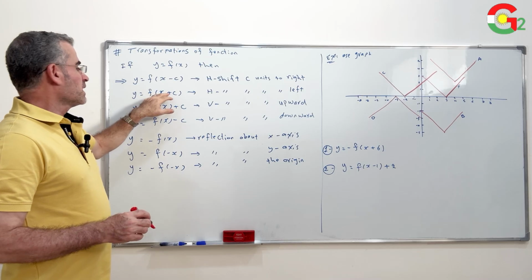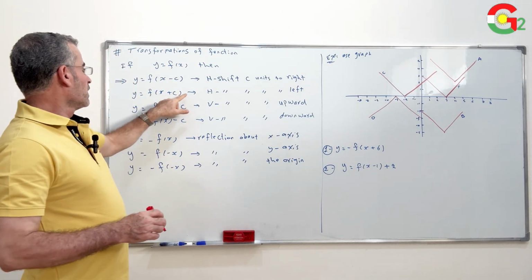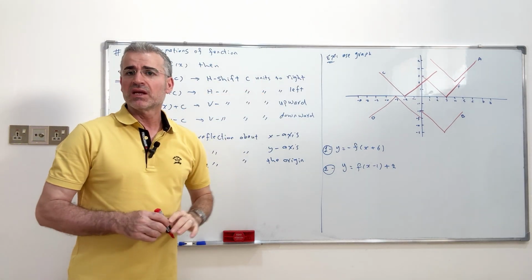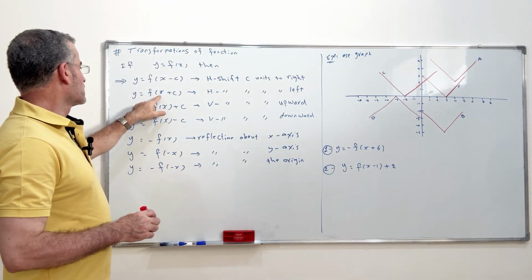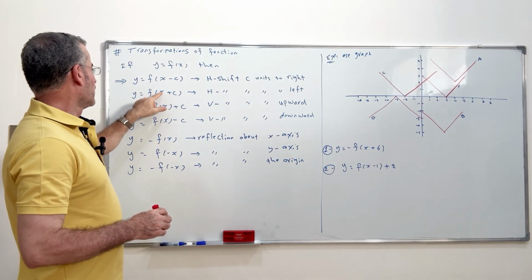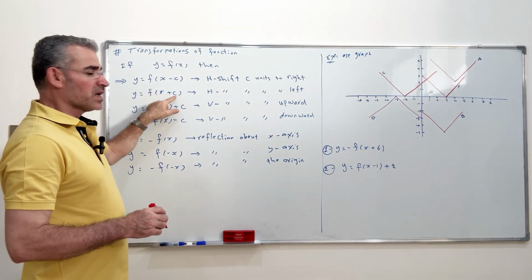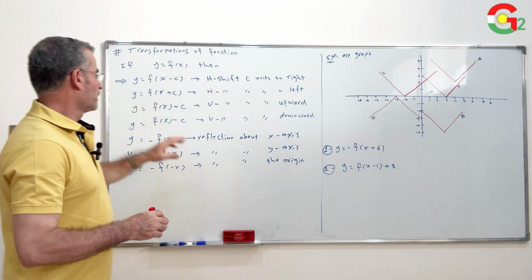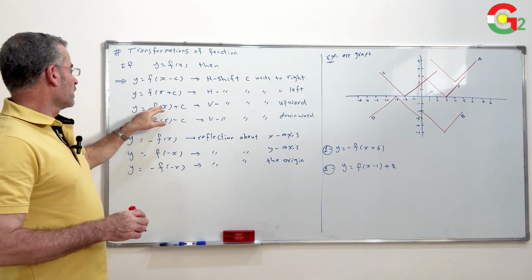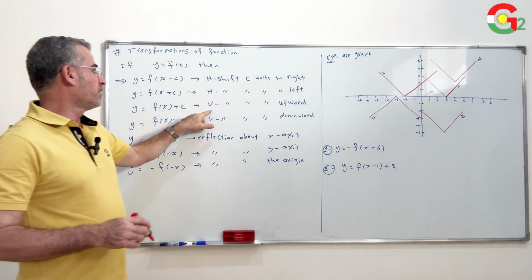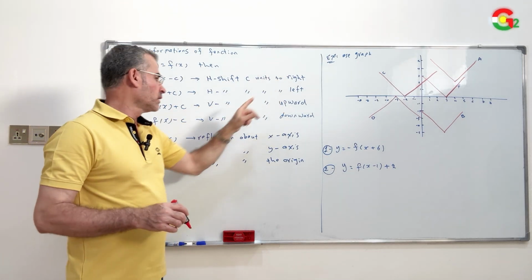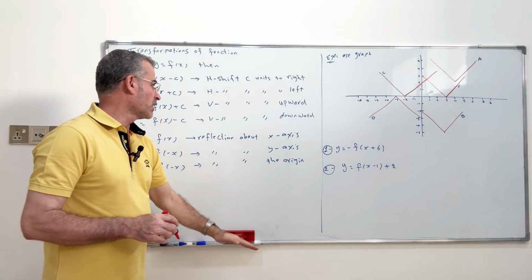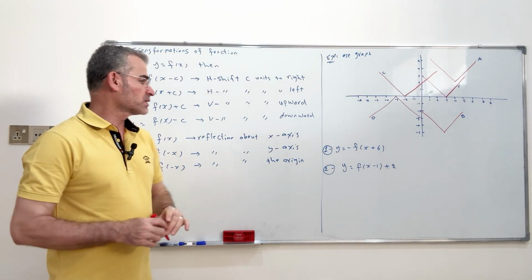If y equals f of x plus c, then the transformation is a horizontal shift c units to the left. When y equals f of x plus a number, then we have a horizontal shift c units to the left. If y equals f of x plus c, then we have a vertical shift c units upward. If y equals f of x minus c, then we have a vertical shift c units downward.